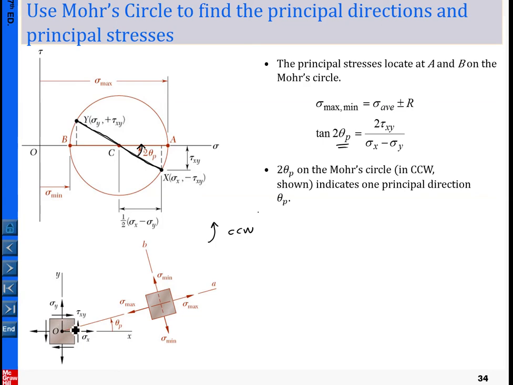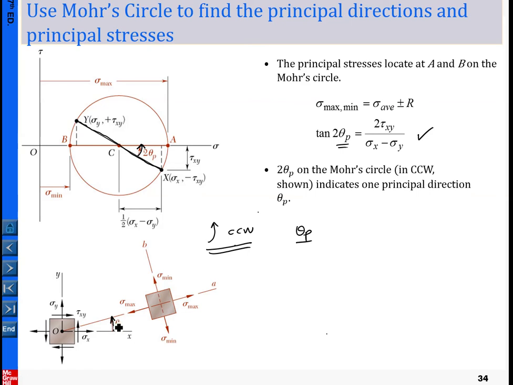So when we do the rotation, as a graphical representation on the stress element, we determine the magnitude from the Mohr circle using these calculations, and we also determine the sense of rotation by looking at the graph. So once you have the magnitude and the sense, when you draw it on the stress element representation, you must have this sense here.